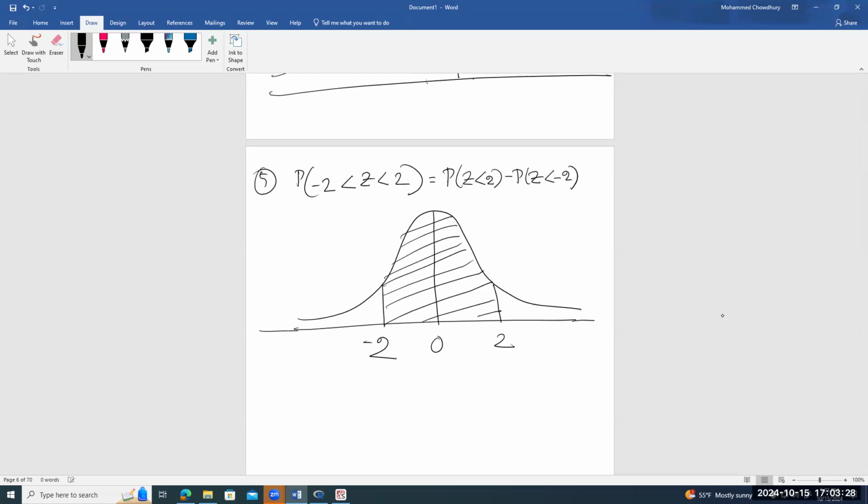Then these things could be obtained by stats.norm.cdf, and then you can put here 2, 0, 1 minus stats.norm.cdf(-2, 0, 1). That's the way you can find it.